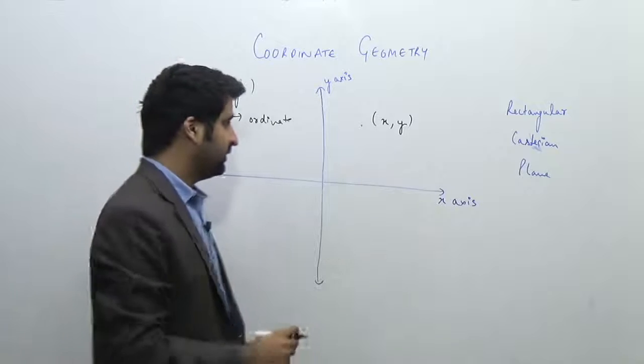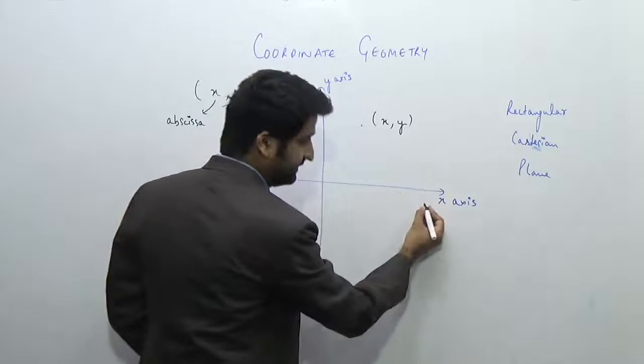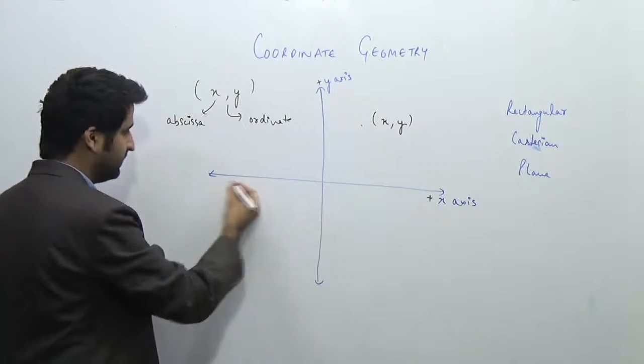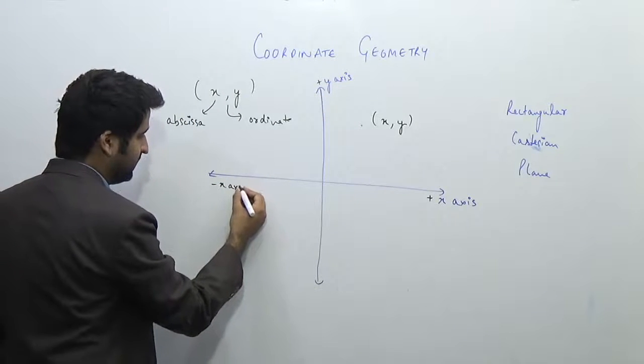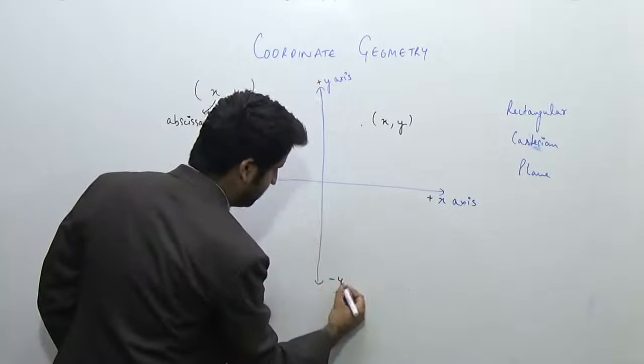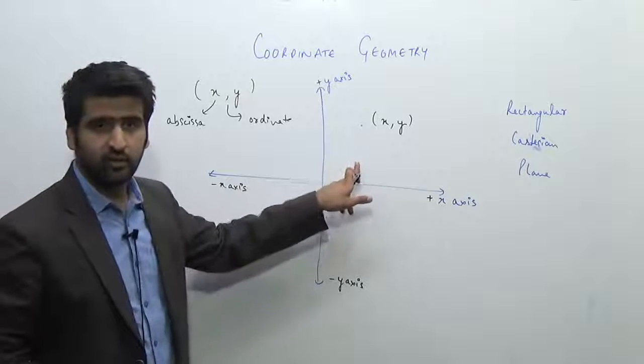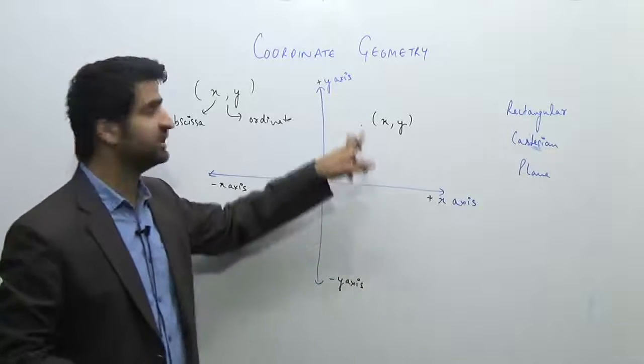This is the positive x-axis, and this is the positive y-axis. Similarly, this is the negative x-axis, and this is the negative y-axis, right? The points which lie over here will have positive x coordinate and positive y coordinate.